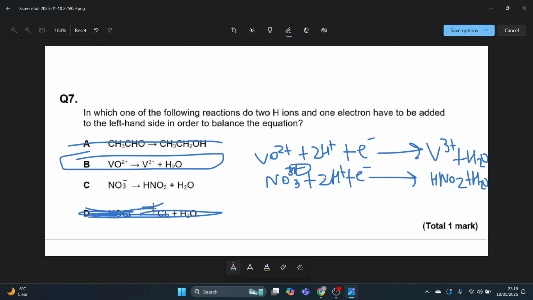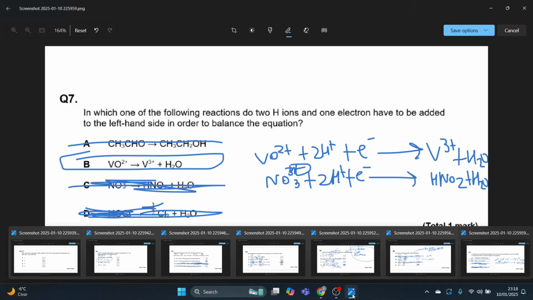Add 2H+, -1 plus 2 is 1, and then 1 plus -1, that's 0, and that's 0. However, if we look at is it balanced? 1 nitrogen there, 1 nitrogen there, 3 oxygens there, 3 oxygens there, 2 hydrogens there, 3 hydrogens on the right hand side. Therefore, it's not balanced. And that's the end of the multiple choice questions.